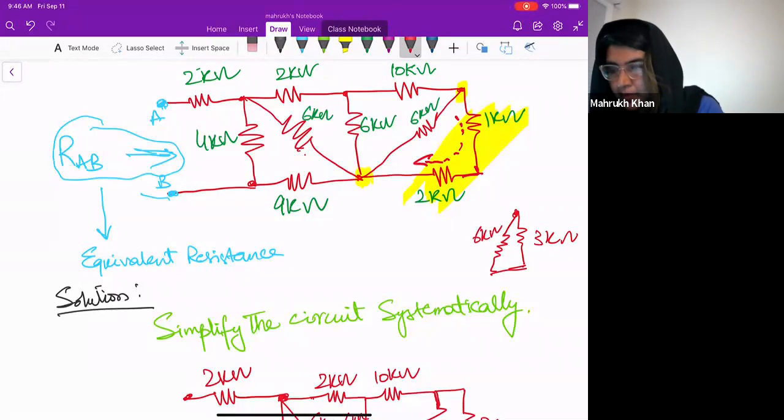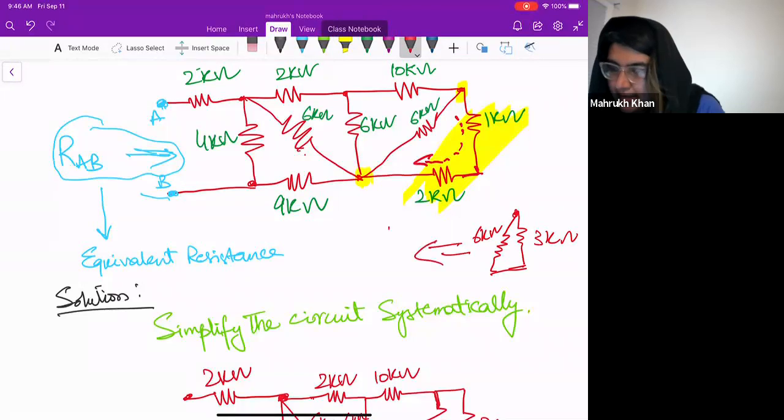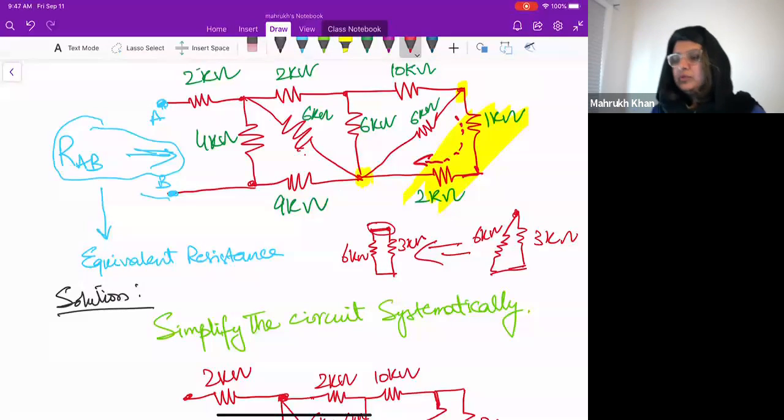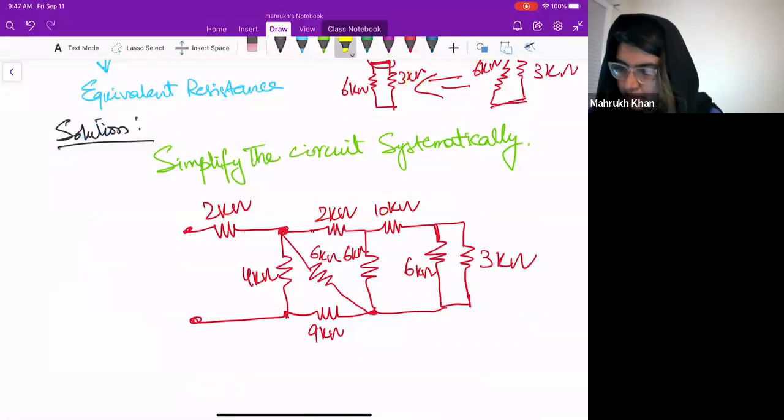That can be done as there is no harm in doing that, because we are not adding any component here, we are just extending a wire so that it looks a little bit easier to understand, right? You can extend a wire without adding any component. That's exactly what we are doing here.